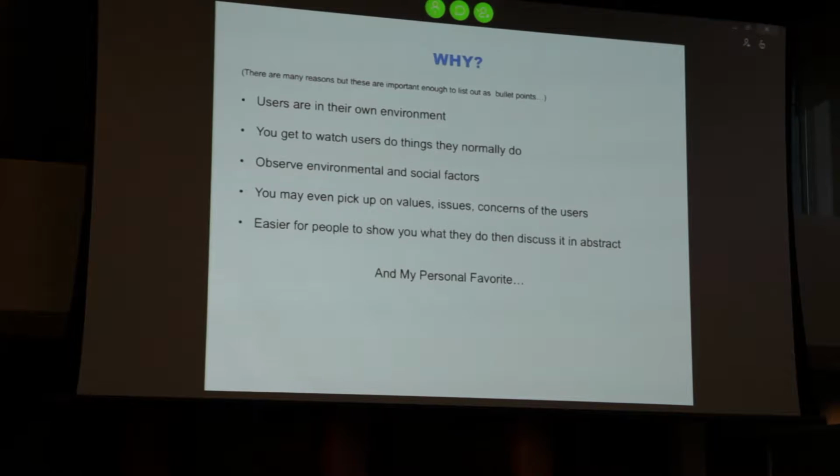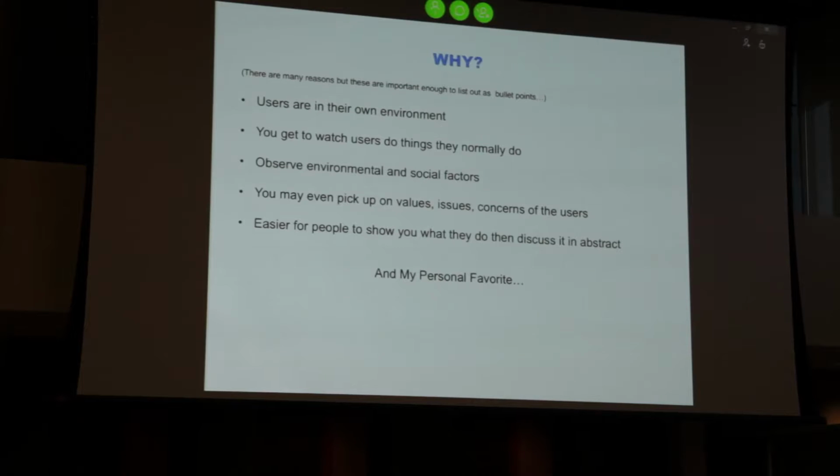You can pick up on the values, issues, and concerns of the user, so the things that are important to them. And also, it's easier for people to show you what they do than to actually discuss it in the abstract. Any of you that have small children or have tried to design anything for small children will know that asking a 6-year-old to explain what they did can take 4 or 5 hours.